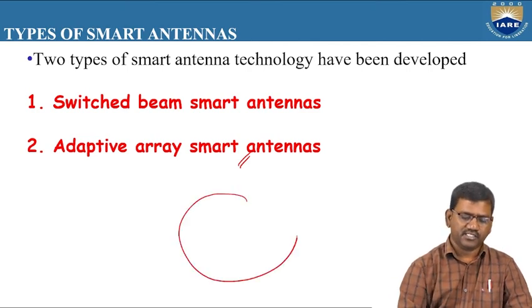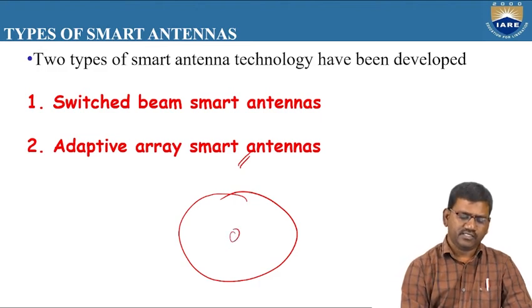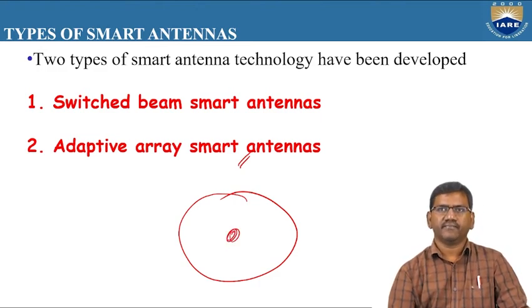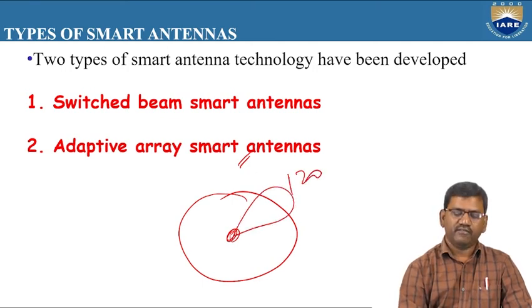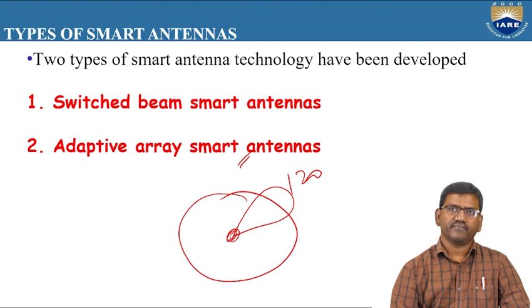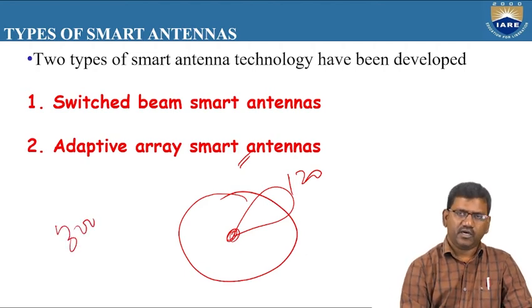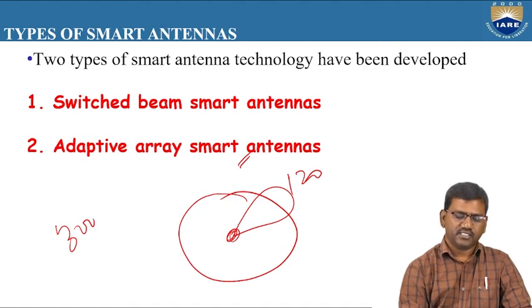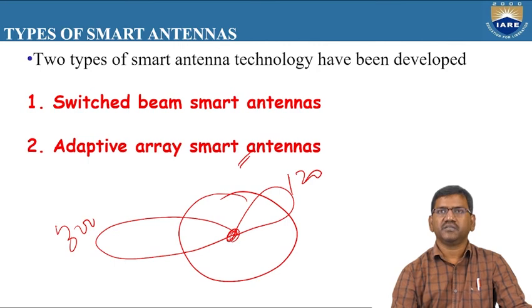If this is a smart antenna system and there are 120 users here, the smart antenna will give a beam to the 120 users. If there are 300 users in this direction, the adaptive array smart antenna will give a directional beam in this direction to the 300 users.